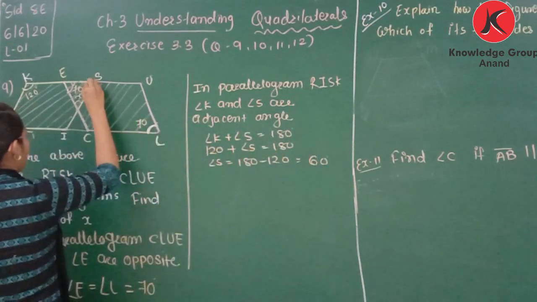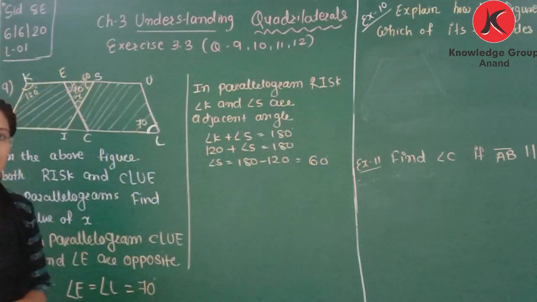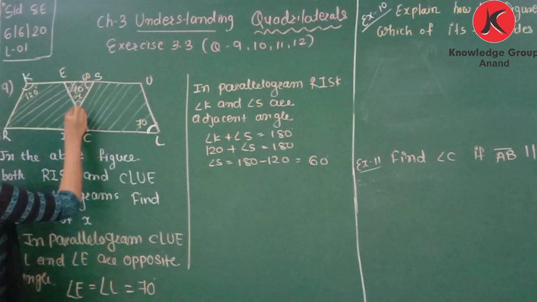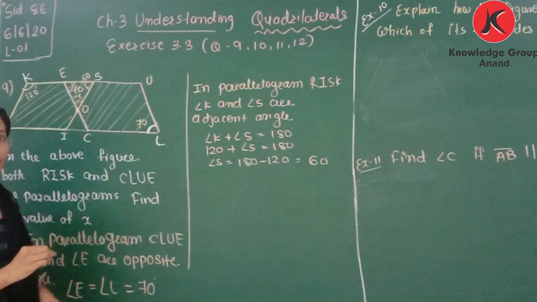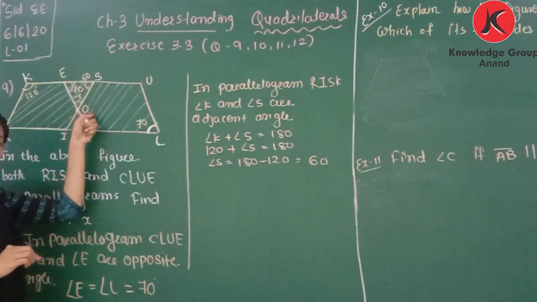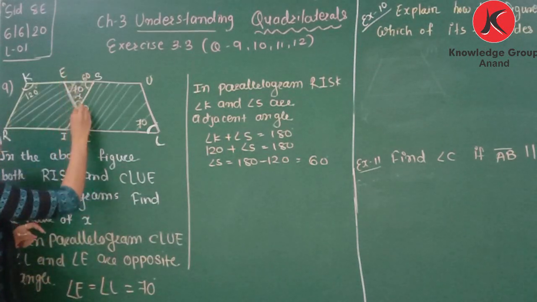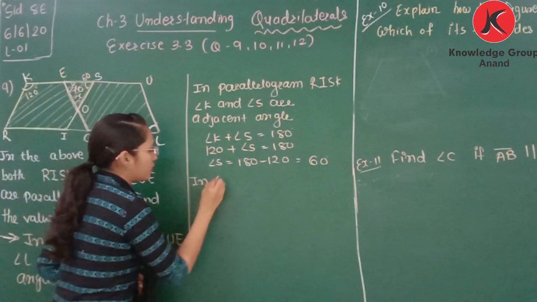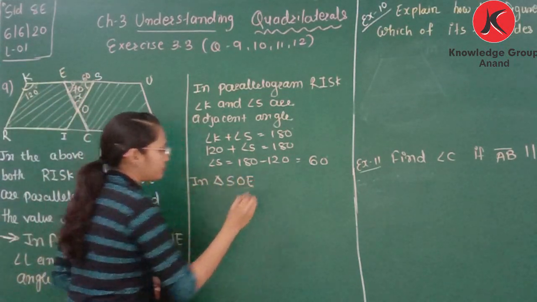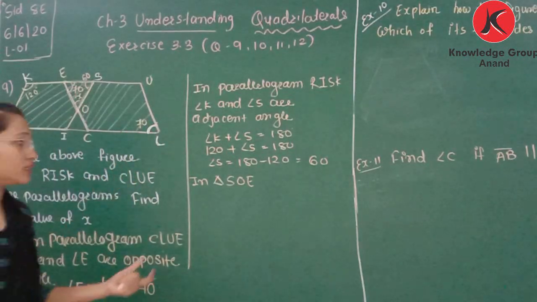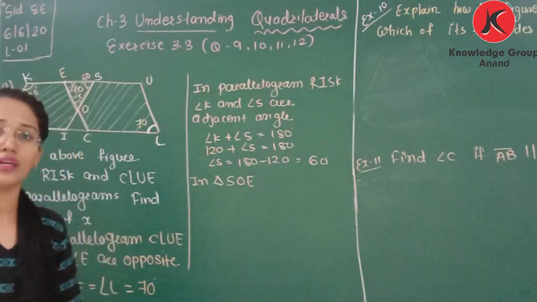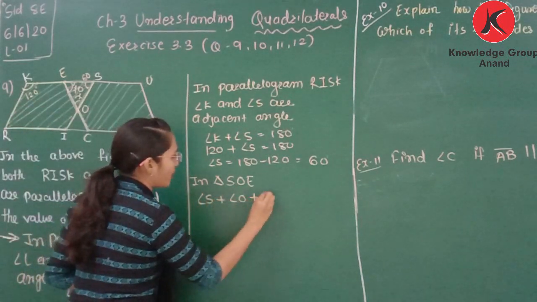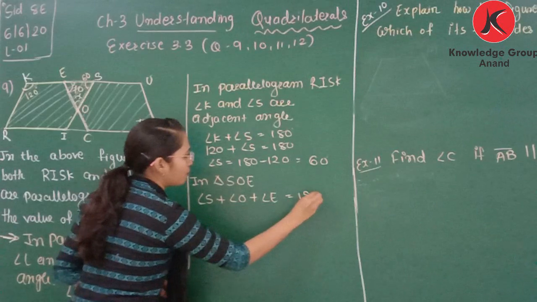So what have we got? Angle S is 60, angle E is 70, and we need to find x. Now if we name this point O, then you can see this is a triangle SOE. In triangle SOE, the sum of angles in a triangle is 180. So we can write angle S plus angle O plus angle E is equal to 180.